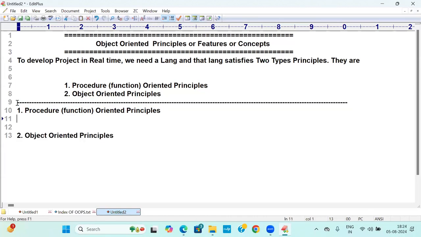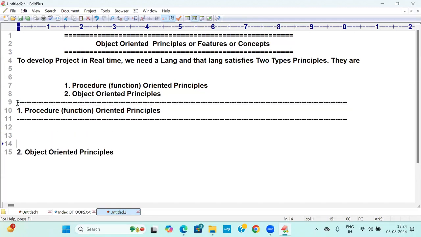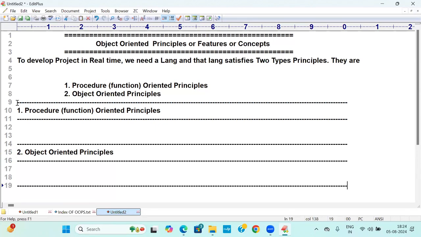The first question from an interview point of view: why should I go for object-oriented principles? When they ask that, don't just name object-oriented principles. In Java, they'll say class, object, inheritance, polymorphism. What question I am asking, what answer they are saying? Answering the question asked is important.